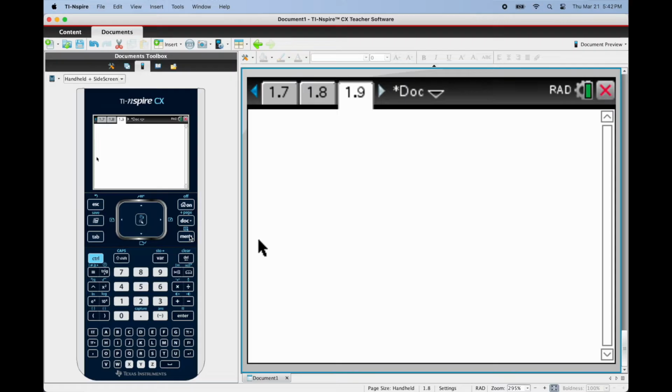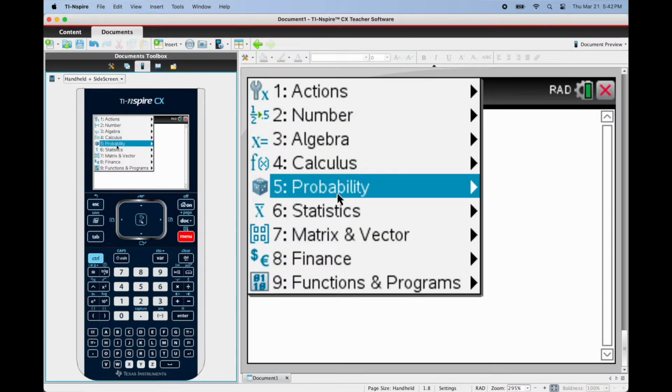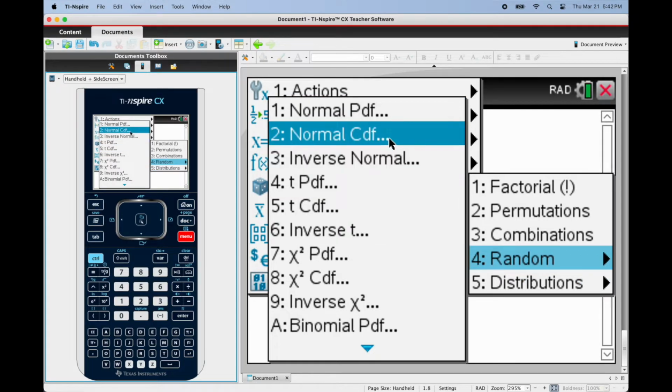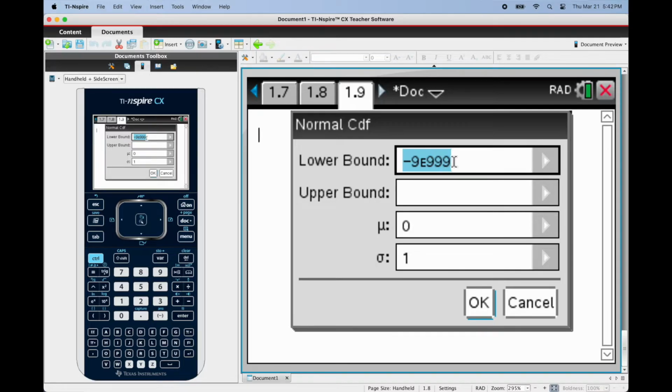So menu, probability, we're in the realm of distributions, and we want to use normal CDF. The lower bound is going to be 85. Our upper bound is going to be 90. Our mean in this case is 88, and our standard deviation is 6.75.